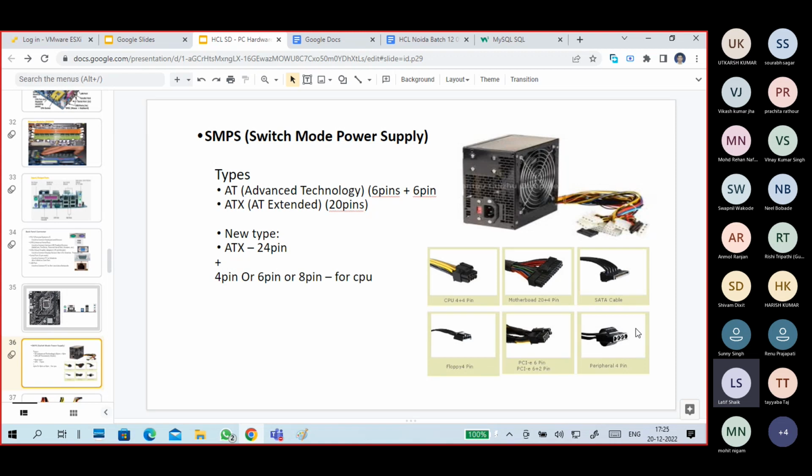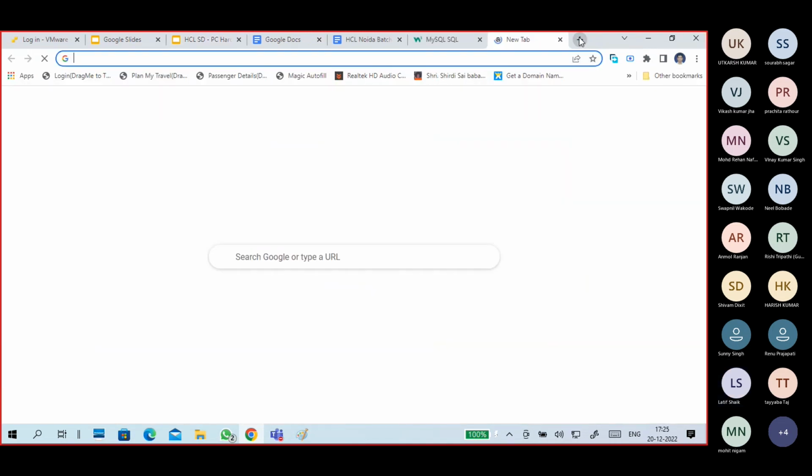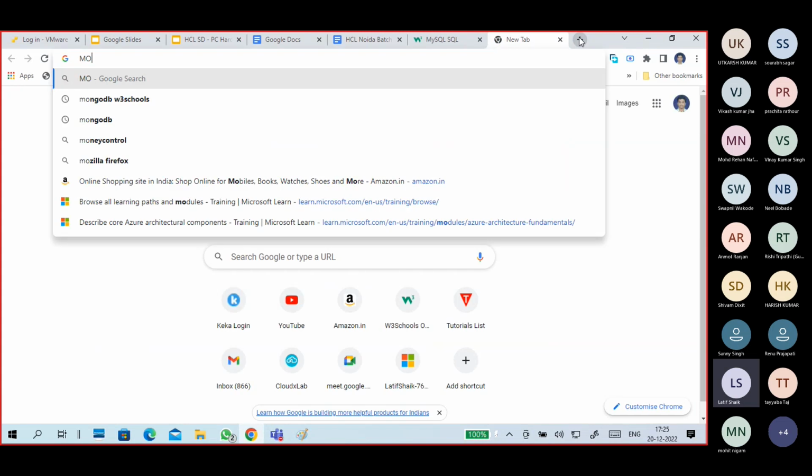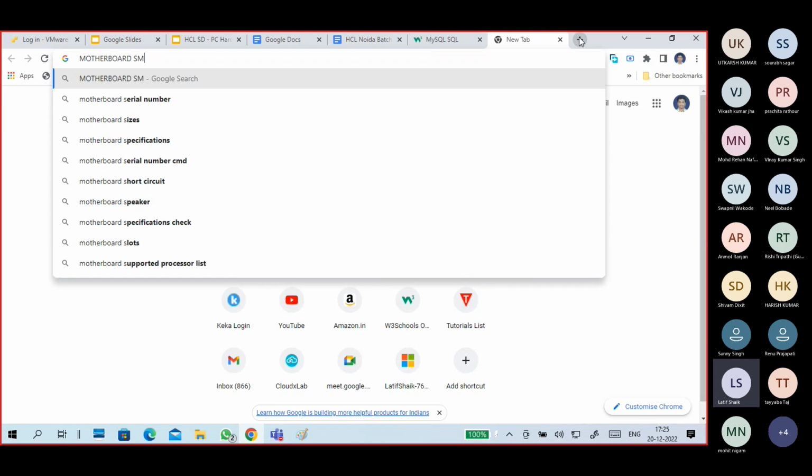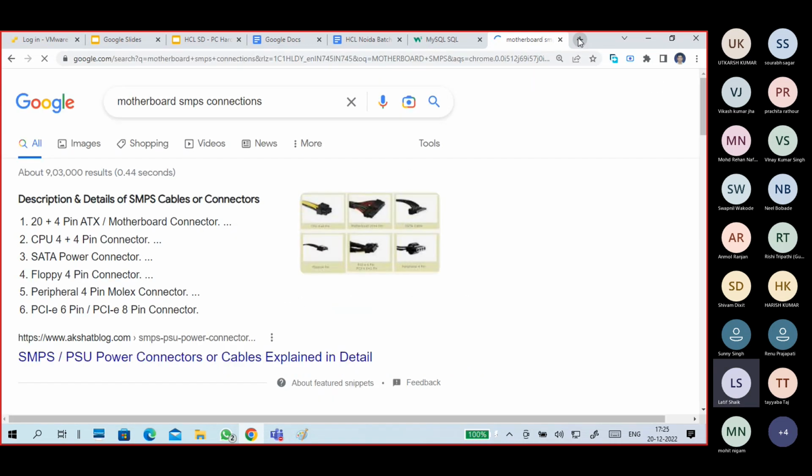Now we are using ATX only, earlier 20 pin, now 24 pin. Plus an additional connector is required, 4 pin, 6 pin, kind of stuff. You can see the motherboard and SMPS connectors. Okay, it is showing this one.